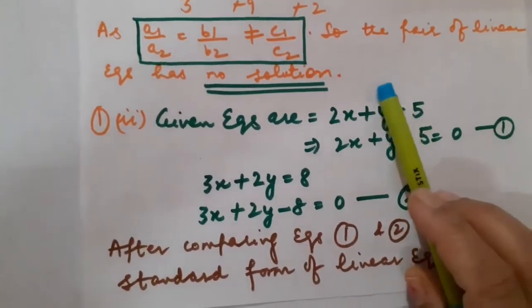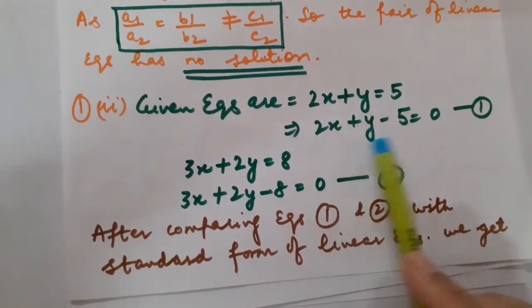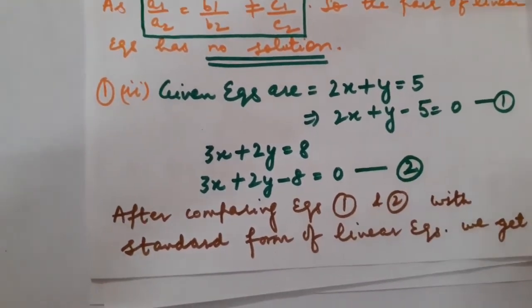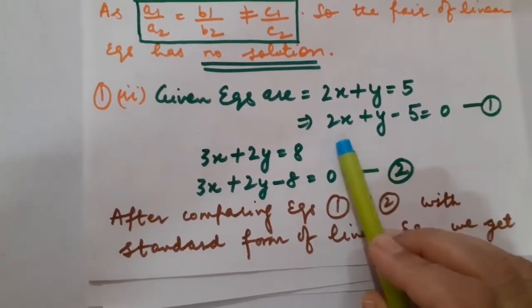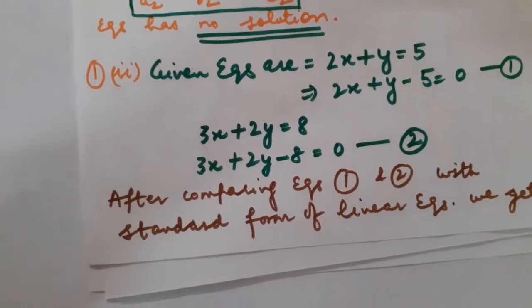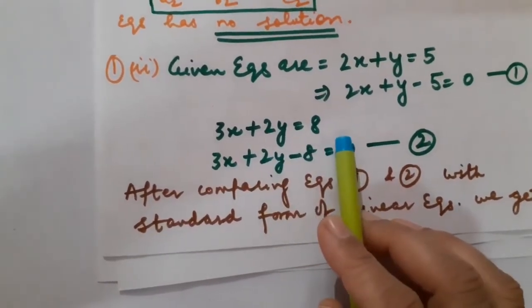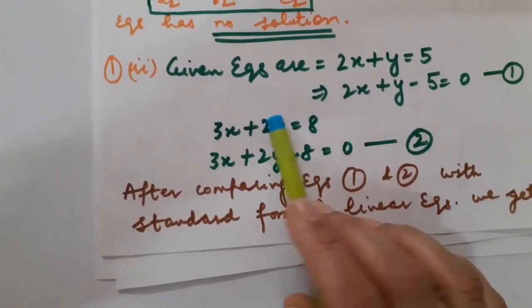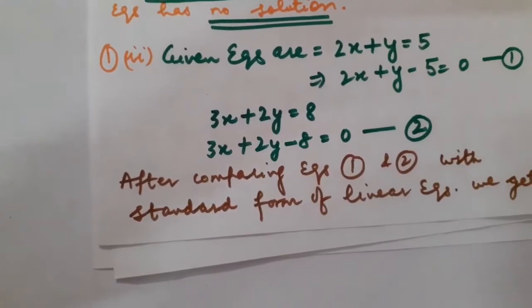So I am going to bring it on this side, the left hand side, as I have told you that the cross multiplication method will be applicable only for the generalized form. So this will become 2x plus y minus 5 is equal to 0. Now the next equation is 3x plus 2y is equal to 8. So I am going to bring 8 again on this side. It will become 3x plus 2y minus 8 is equal to 0.